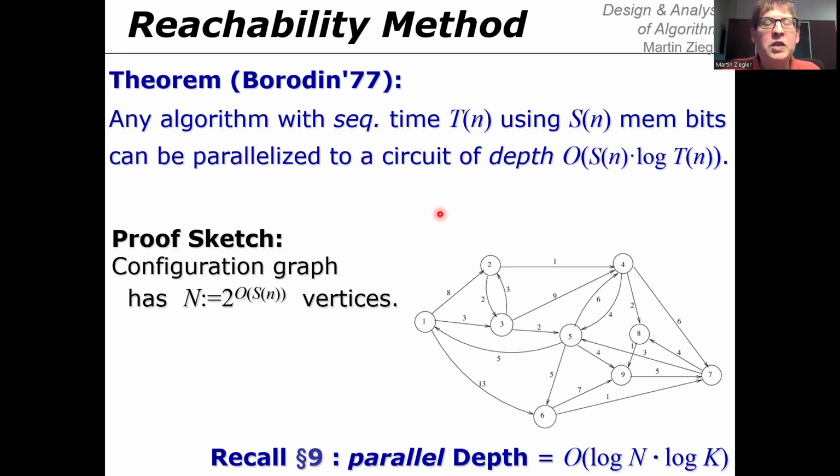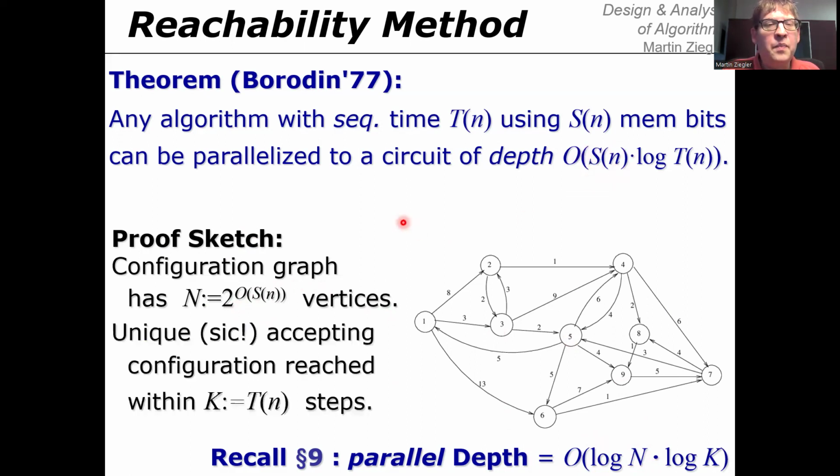It's going to be a large graph. On the other hand, remember our parallel algorithm here, the parallel runtime is only the logarithm of the number of vertices. So the log n here becomes indeed O of S of n, the first part of the result.